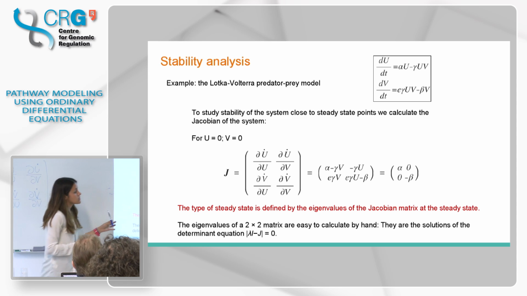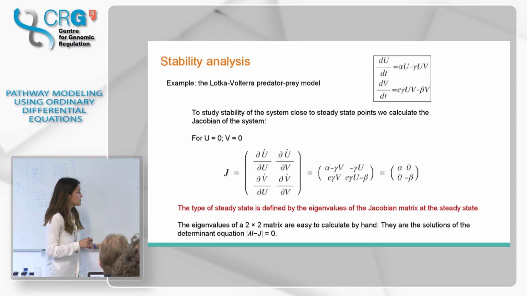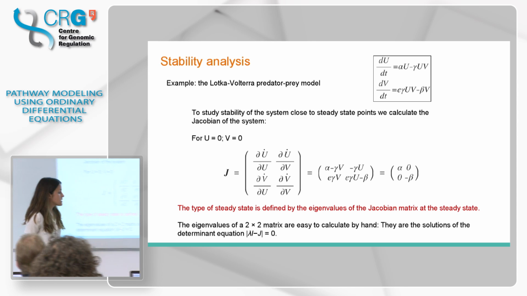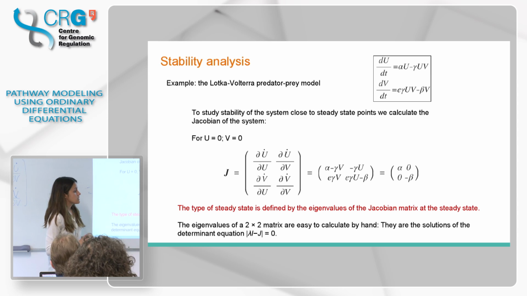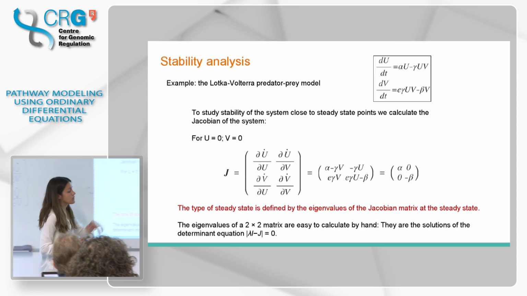These eigenvalues are going to tell us the type of this steady state. The eigenvalues of a 2 by 2 matrix are very easy to calculate by hand. They are the solutions of the determinant equation: lambda multiplied by the identity matrix minus this Jacobian.